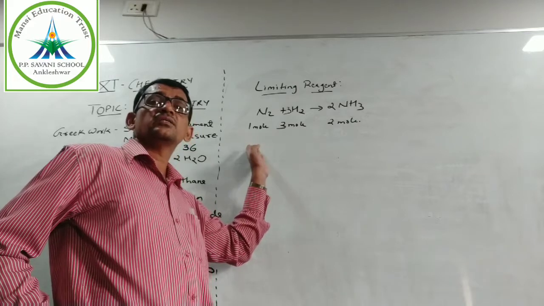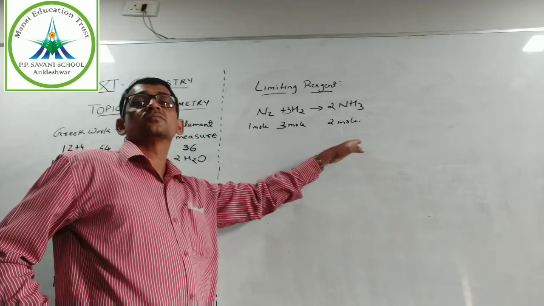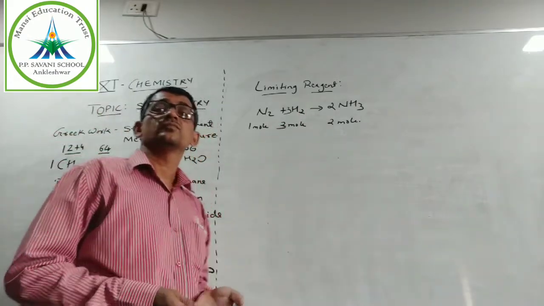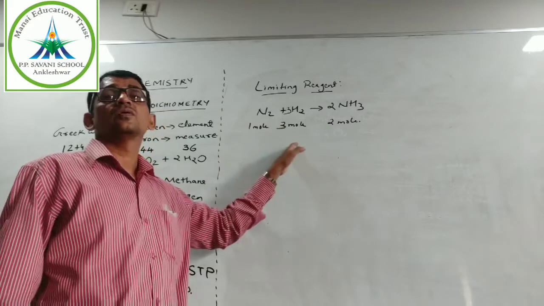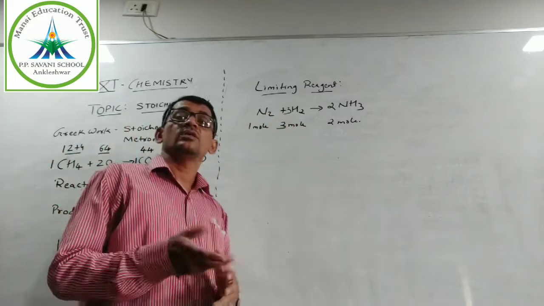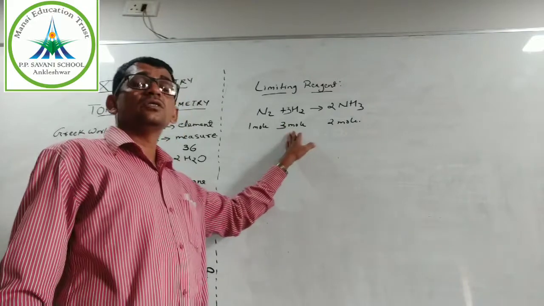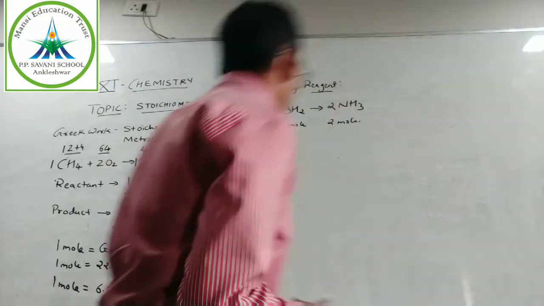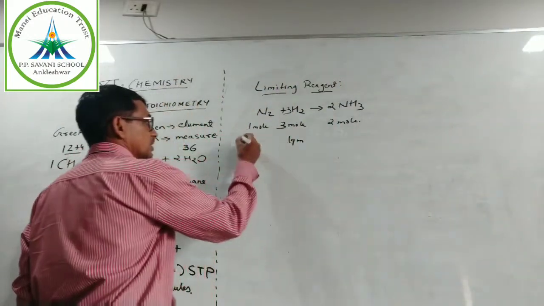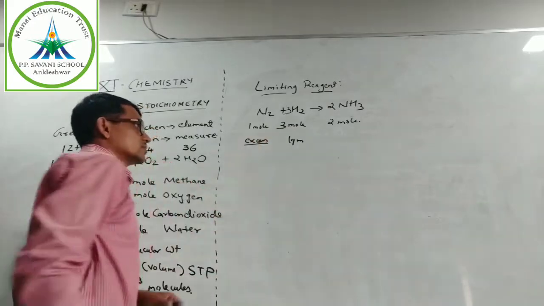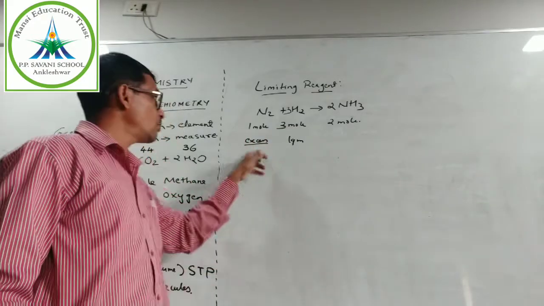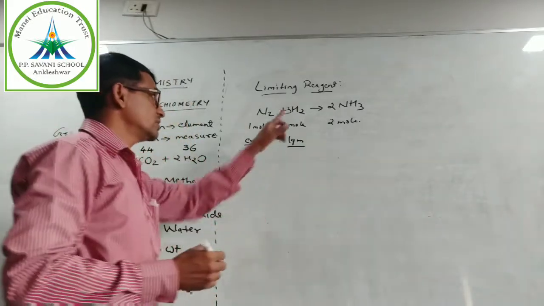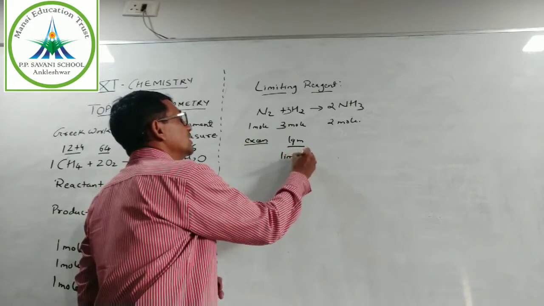Similarly, vice versa, if you take hydrogen in less proportion and nitrogen in excess, here you take 1 gram of hydrogen and in excess 1 kg or 1000 gram of nitrogen, then this hydrogen is a limiting reagent.